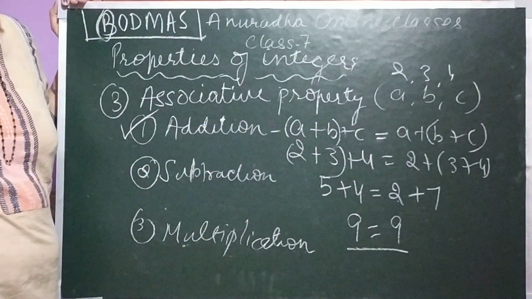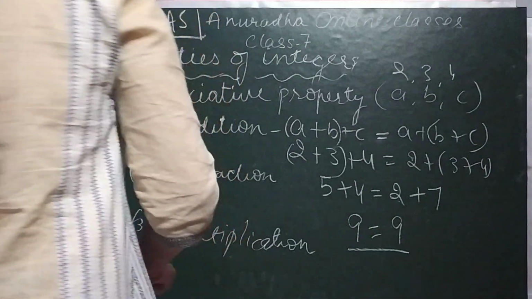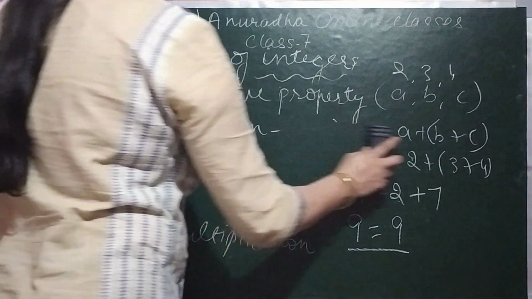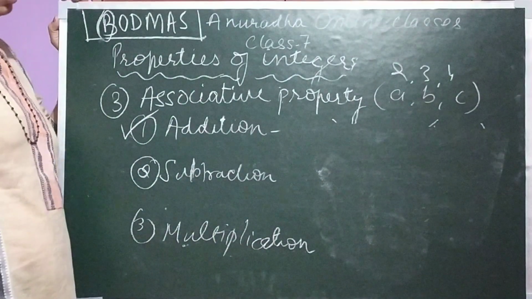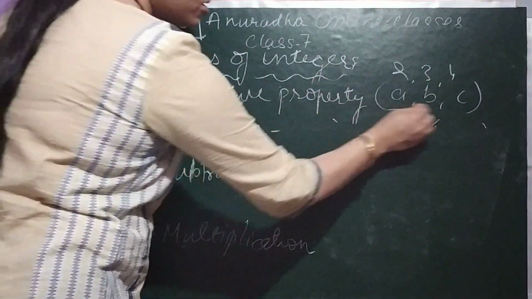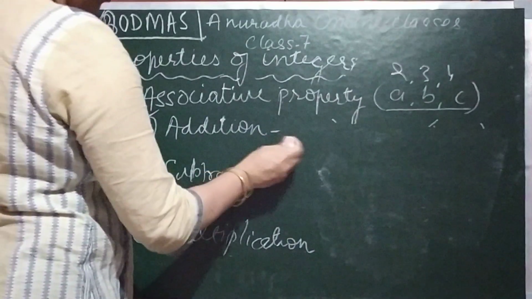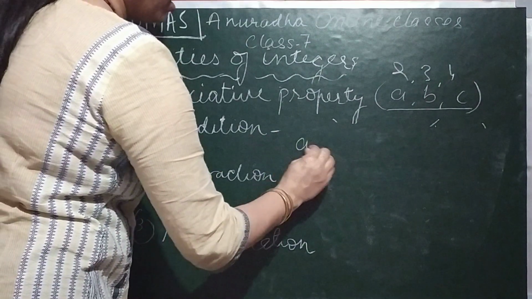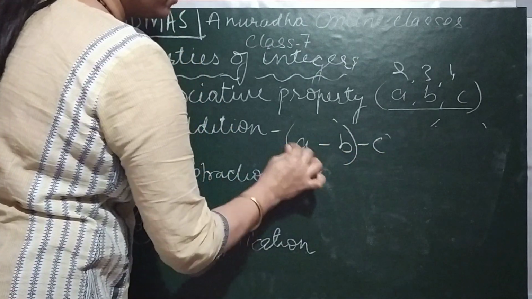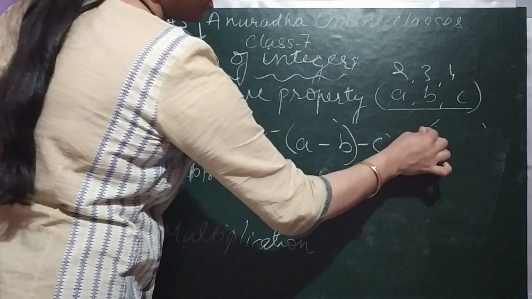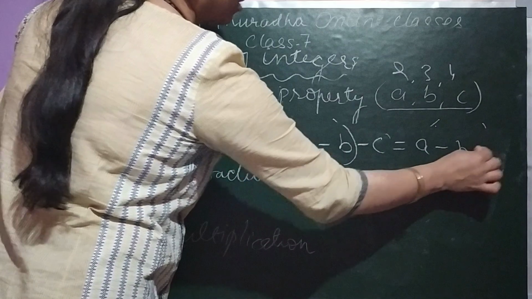Now in the same way, we'll see with subtraction. Subtraction of integers, 3 integers we are having. Now see, (a minus b) minus c. First we'll make this group, and that must be compared with a minus (b minus c).